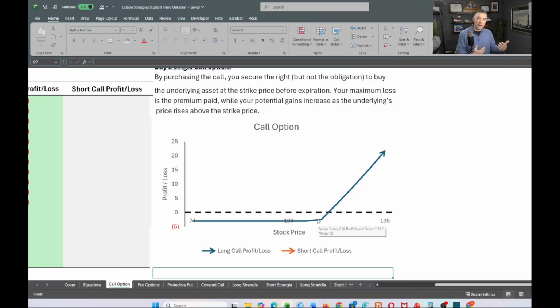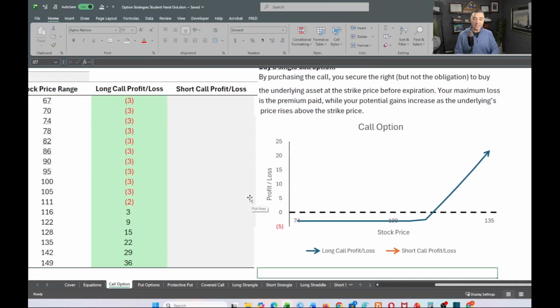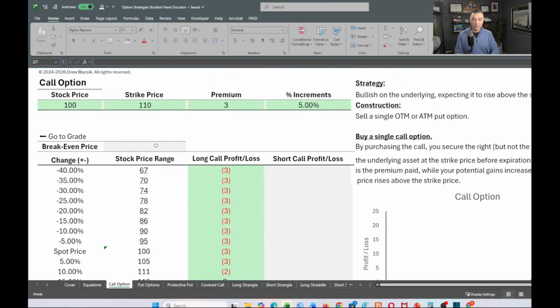So imagine, what's my profit or loss? If the stock hits 111, I buy it for 110. I make $1. I have a premium of 3. I lost $2. If the stock price goes up to 112, I made $2 on the stock, right, buy it for 110. I paid 3. I'm down $1. And then if it hits 113, that's the break even.